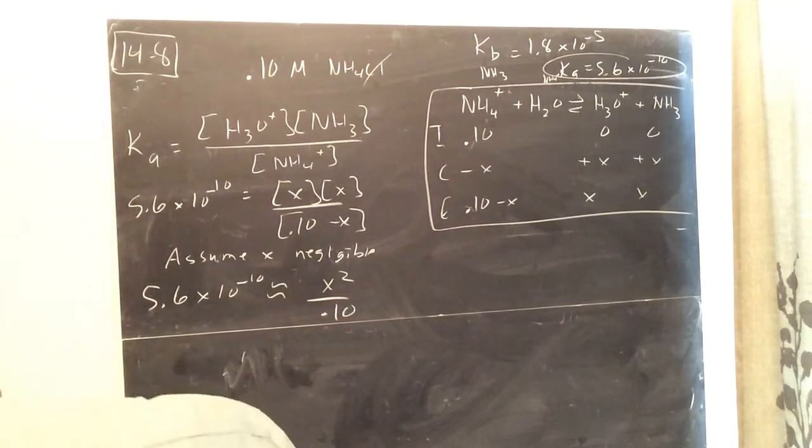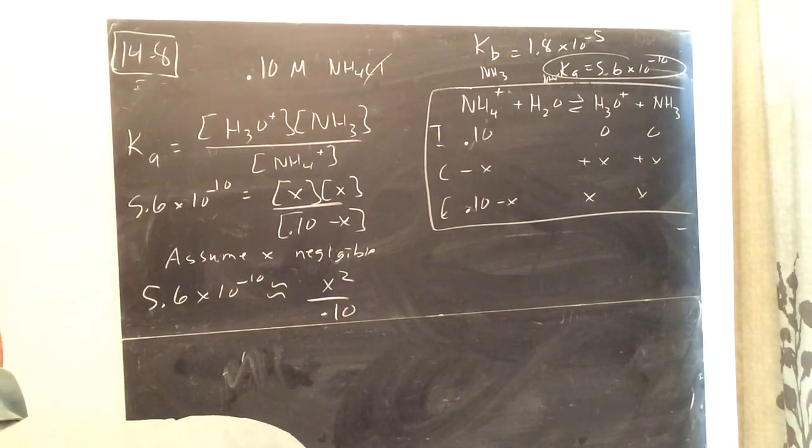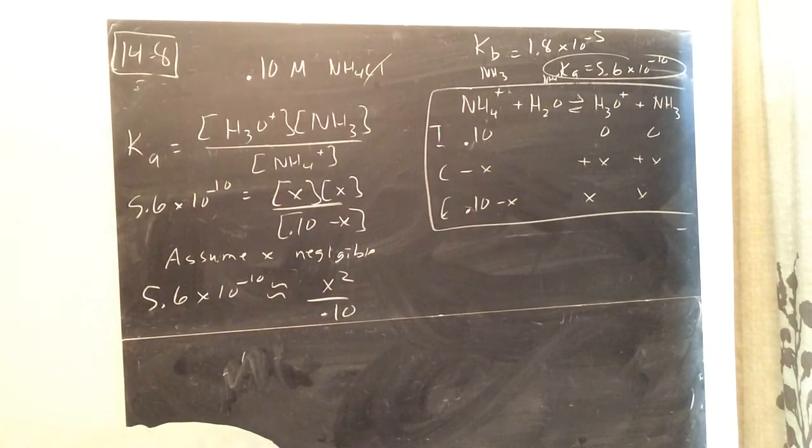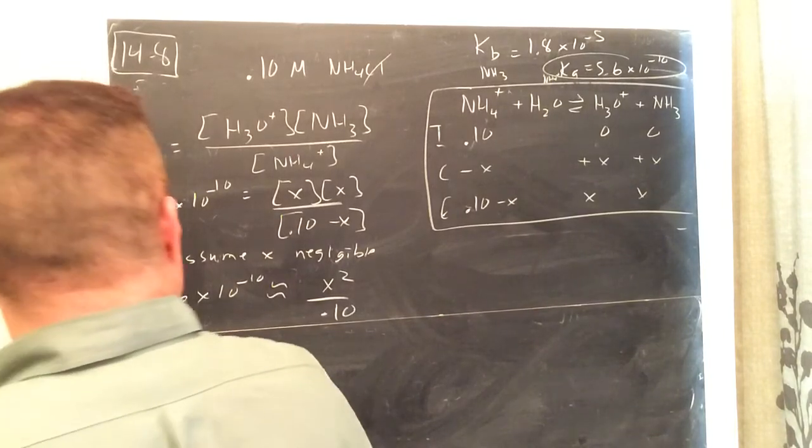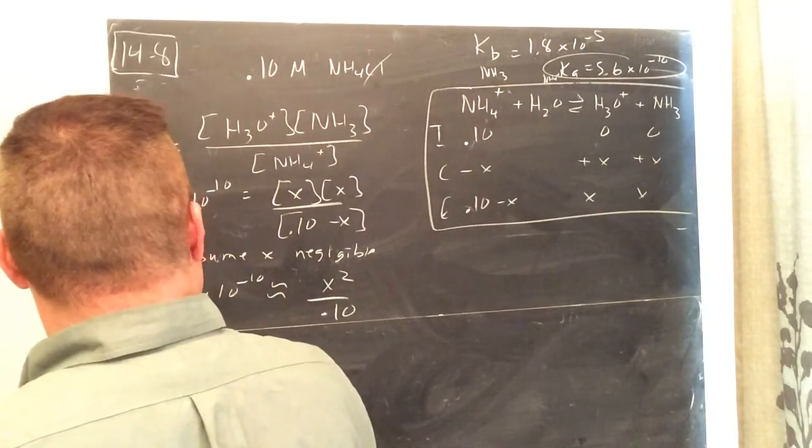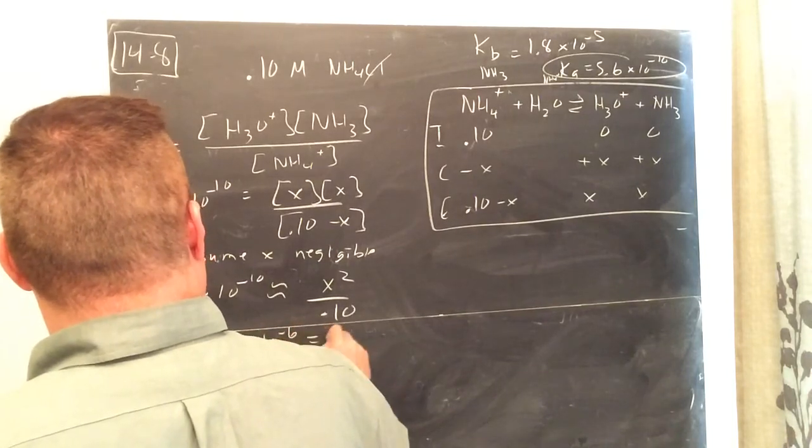Let's just do that math. 5.6 times 10 to the negative 10, times 0.10, and get the square root. It's 7.5 times 10 to the negative 6 is X.